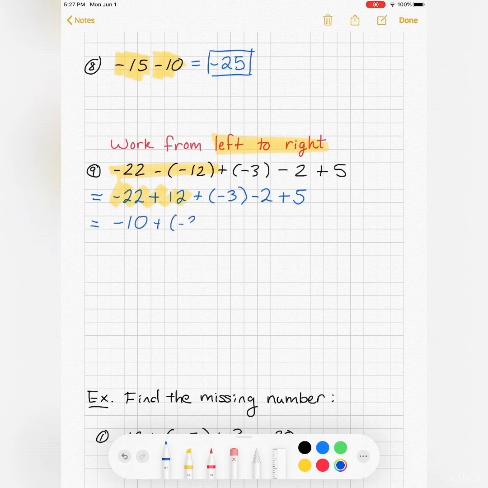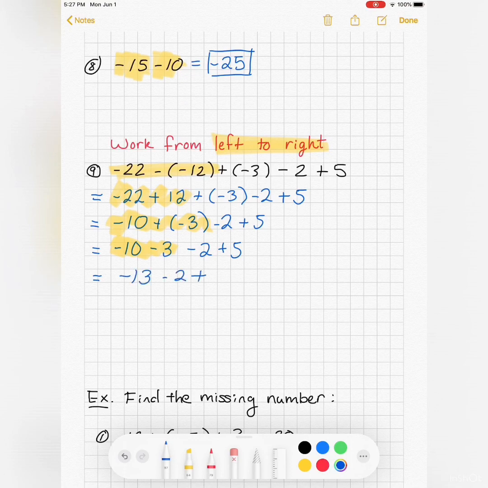I'm going to copy the rest of the expression down. Okay, so negative 10 plus a negative 3 is the same as negative 10 minus 3. Always working with the first two terms here. $10 in debt, spend another 3.